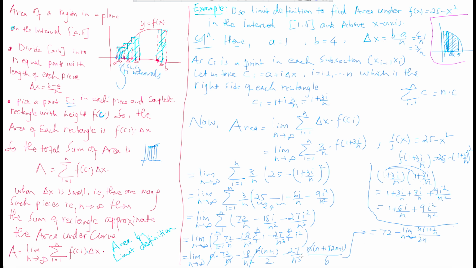Similarly, I have to cancel that n with that n. And then what do you get? You divide by 3, 2, 3 will be 9, right? So what I want to do is minus 9 over 2n squared, because one of the n is cancelled out there, so how many are left, 2 of them left.